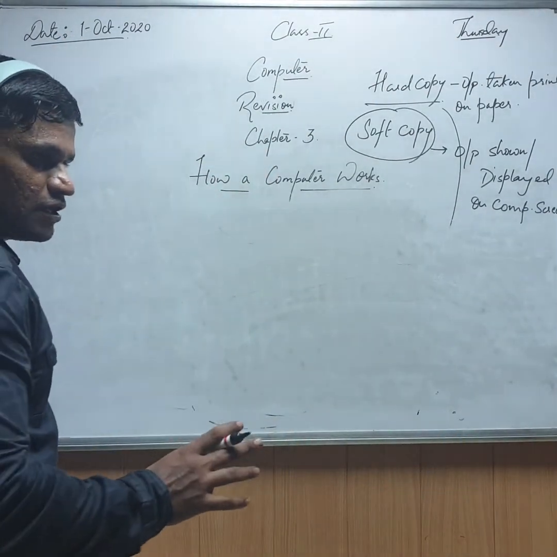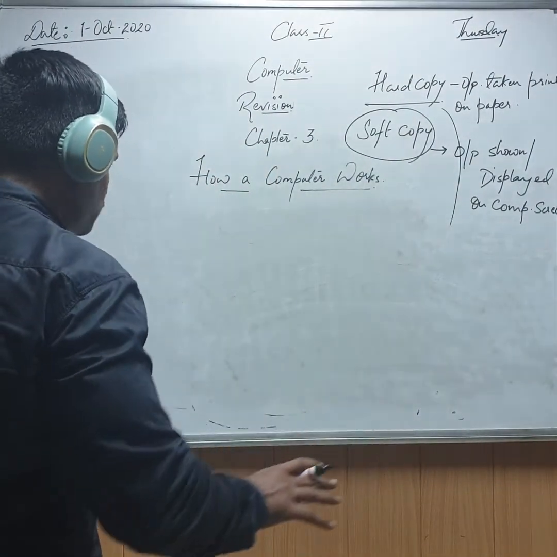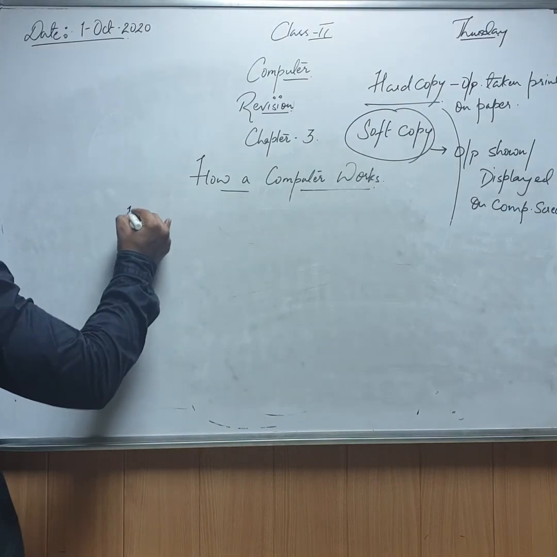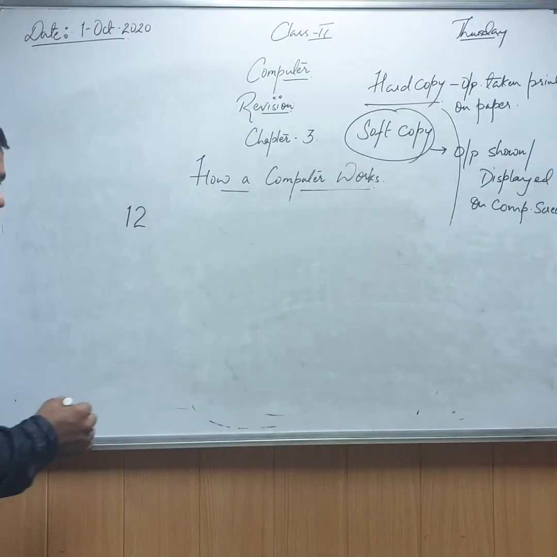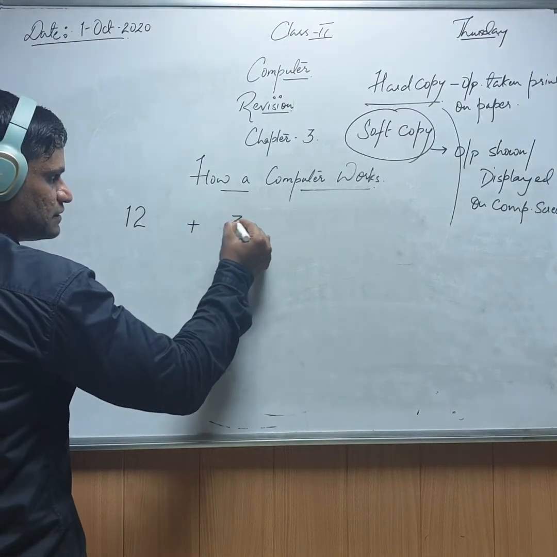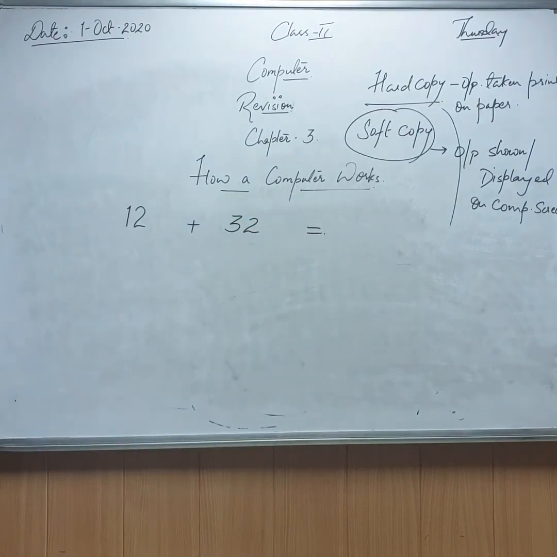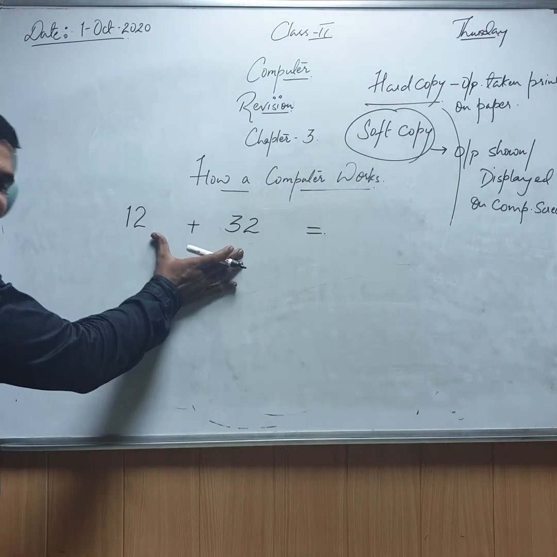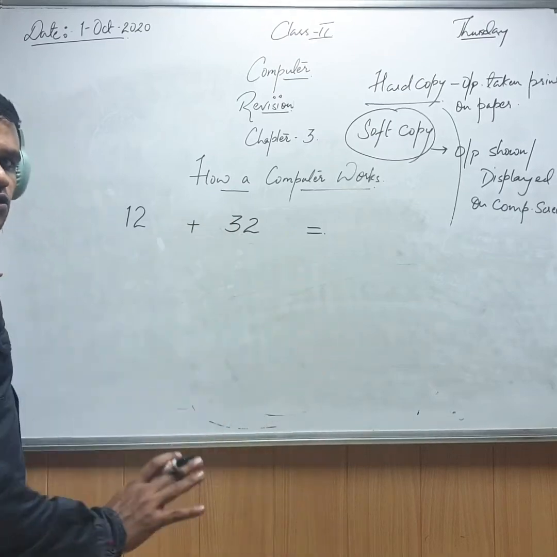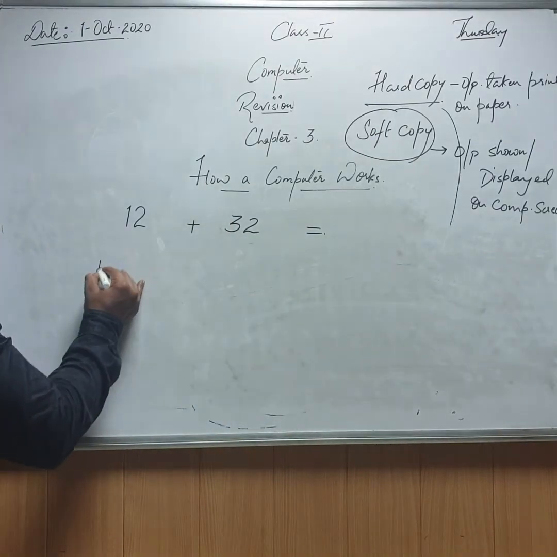So what happens, a student has provided two numbers, 12 plus 32 and equals to. She has pressed something like this. So if we are providing this to the computer, what will it do?